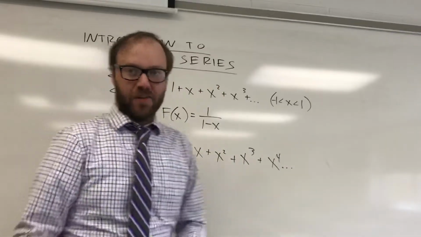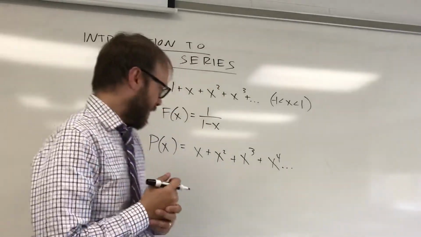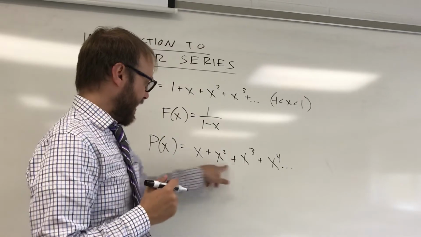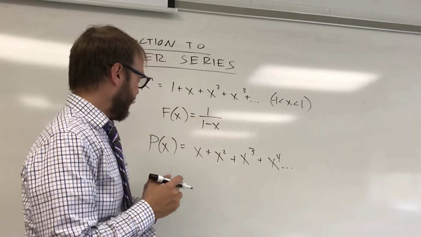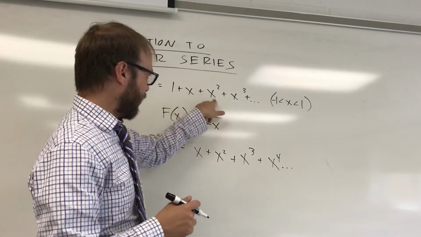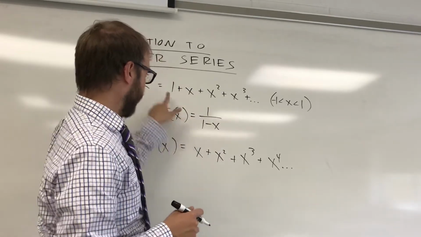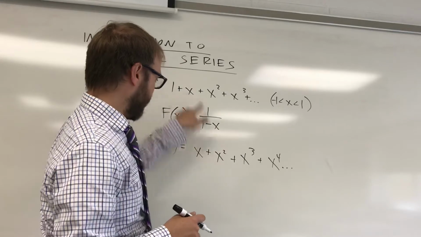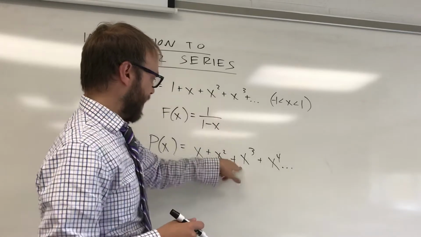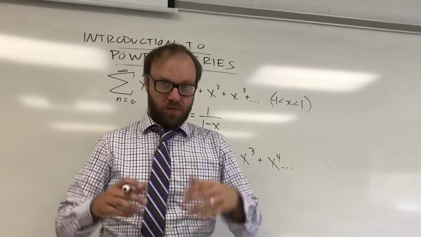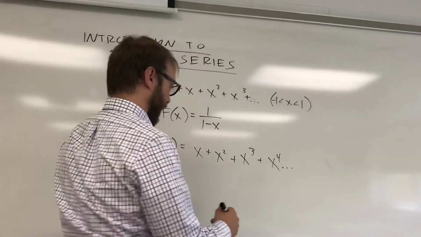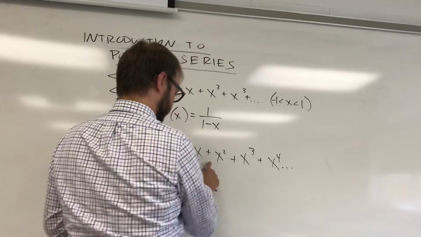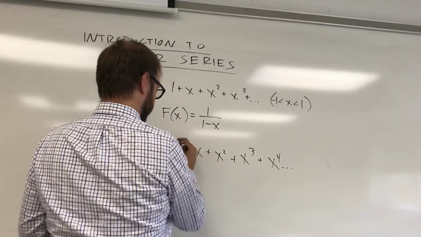You look at that and say, this series looks a whole lot like the series up here, except each of these terms got multiplied by an extra x. 1 times x is x, times x is x squared, times x is x cubed, and so on. You can also factor a variable out. So I could say, I'm going to factor an x out of each of these terms.